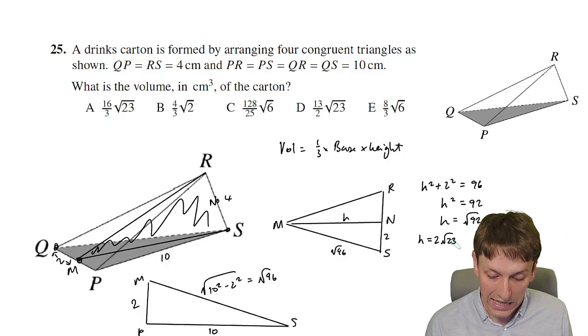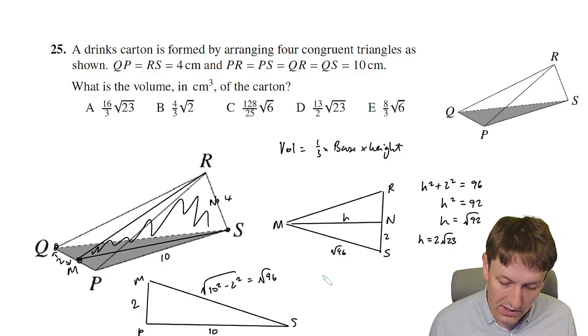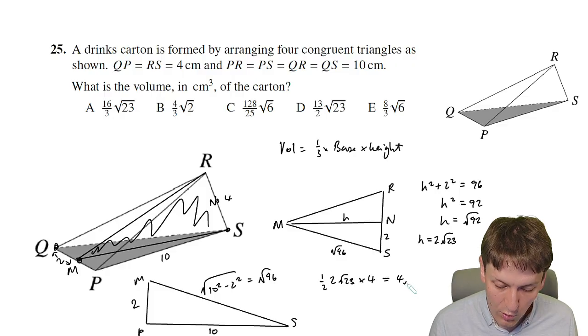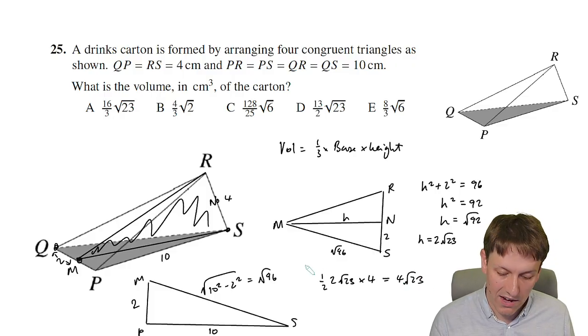So we're almost done now, because the area of this triangle is just a half times 2 root 23 times the height of 4, so that is 4 root 23 for the area of this triangle.